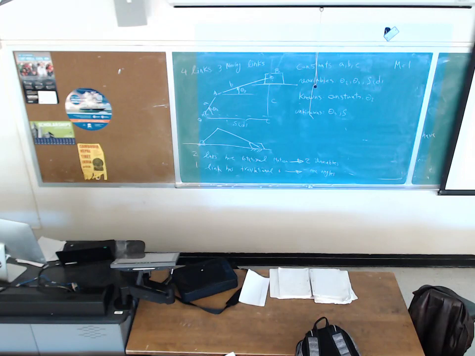Link B has the distance of B from point A. So I draw a circle with this center and the radius of B.